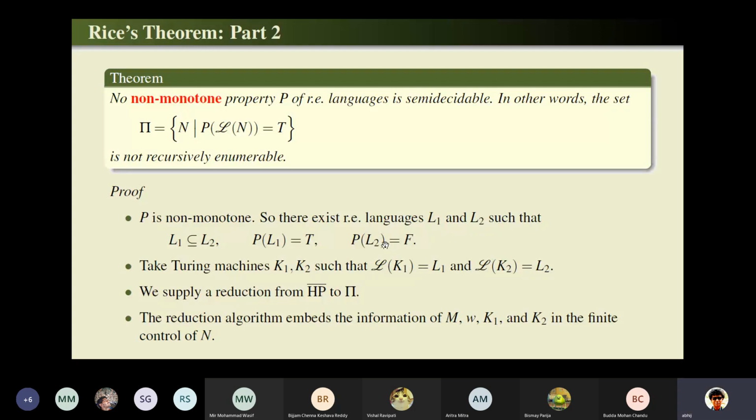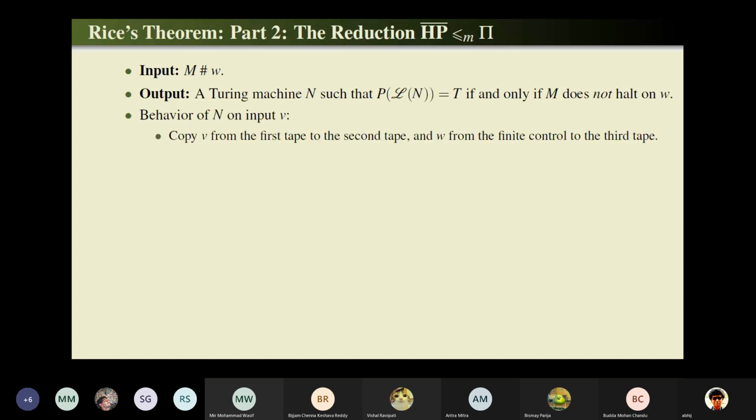This reduction is a little bit atypical. Given input V, what it will do is run 3 simulations in parallel.